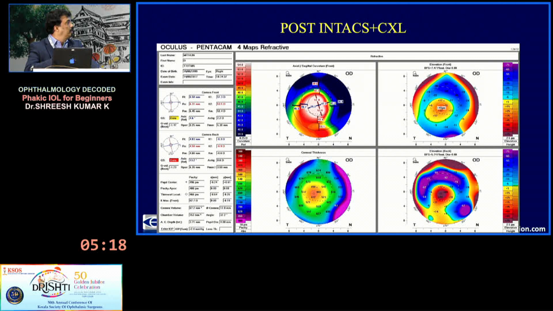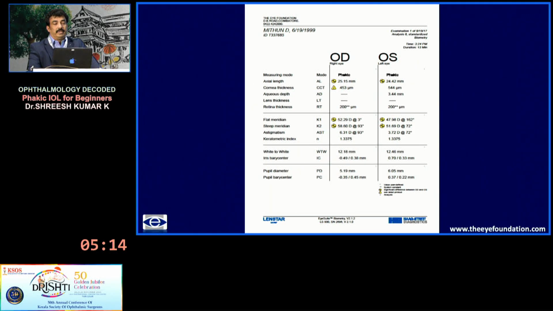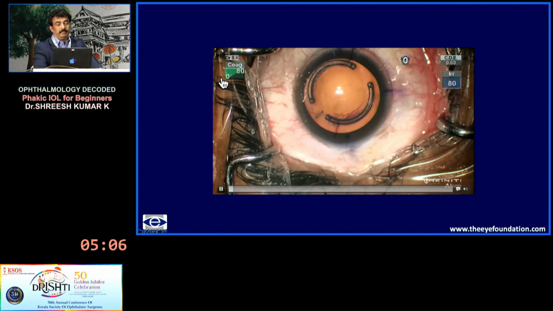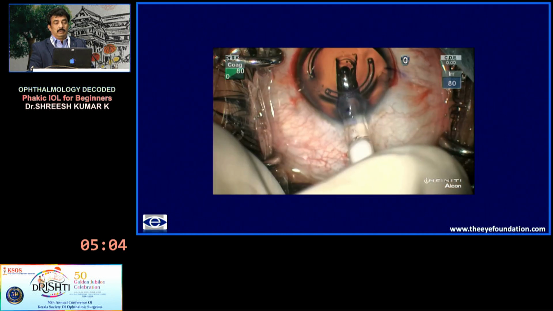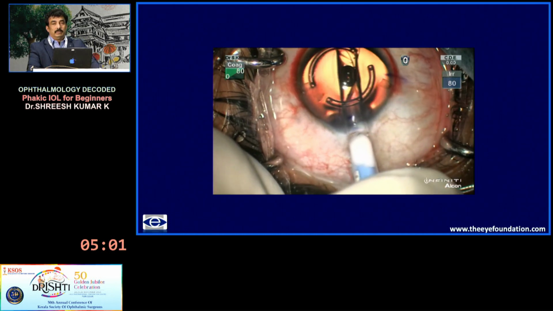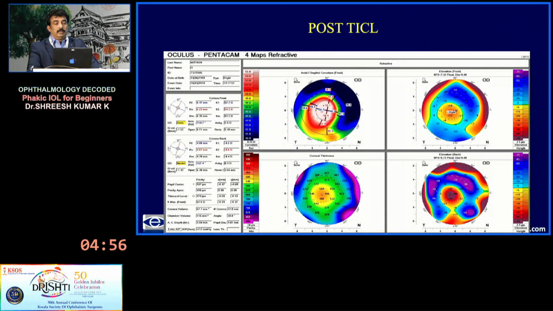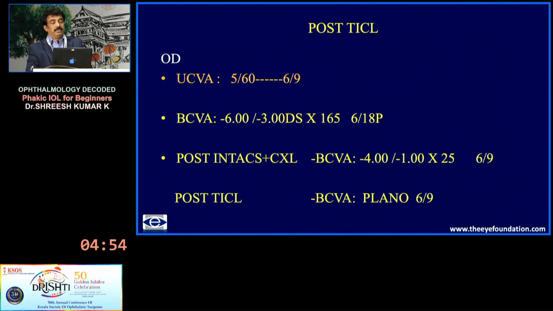This is the centered cone now, and for the residual error we implanted a phakic lens. Post-operatively, the patient is doing well. The uncorrected visual acuity has improved from 5/60 to 6/9.